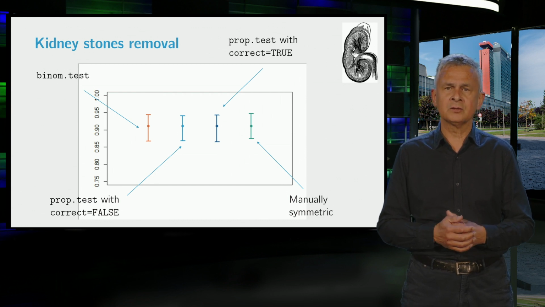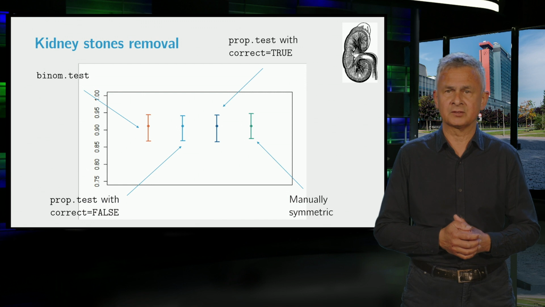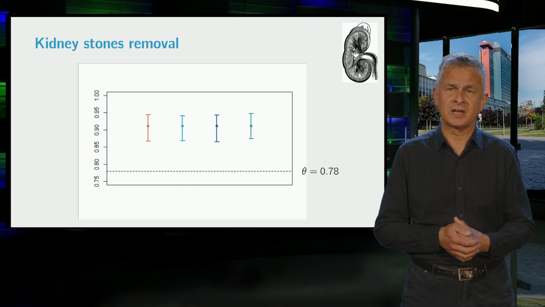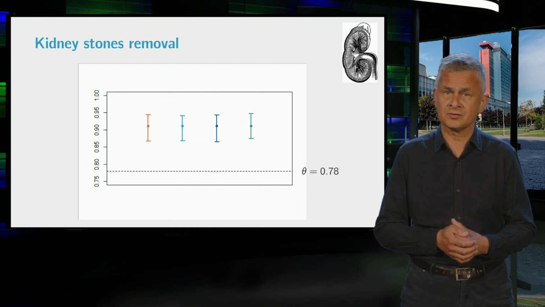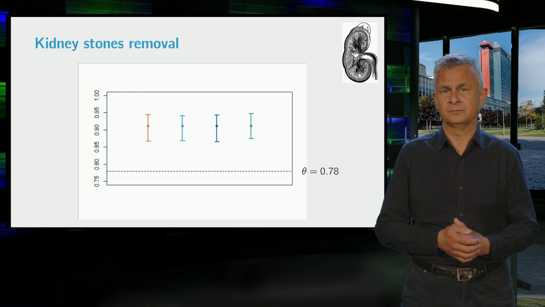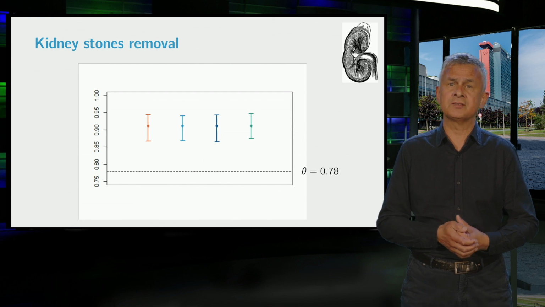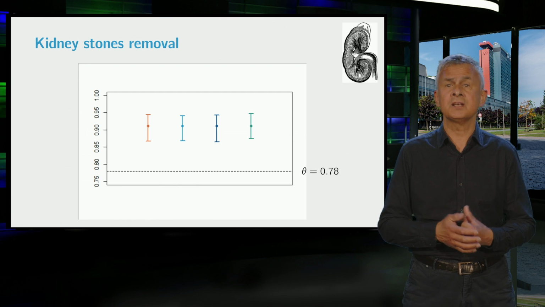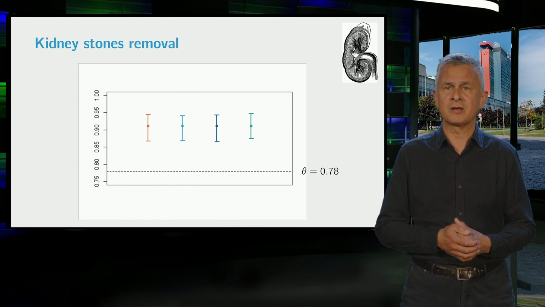The dot in the middle represents the point estimate for theta. Now note that none of them contains the value 78%, which is the probability of success of the classical technique for removal of kidney stones. So this confirms the fact that the null hypothesis that the laser treatment has the same success rate as the classical treatment is rejected at significance level 5%.